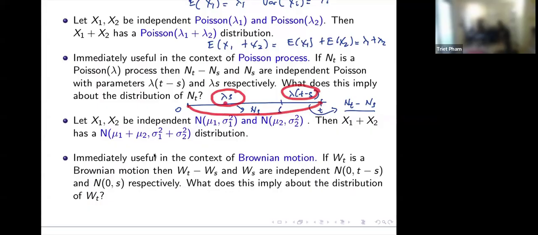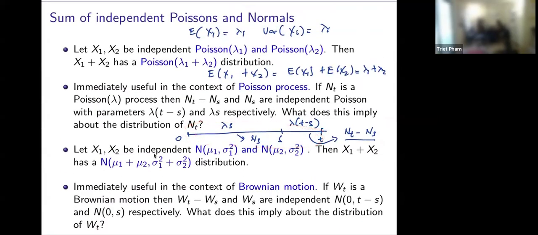So, notice, this is Poisson lambda times (T minus S), and then Poisson lambda times S. If you follow the result of the sum of Poisson distributions, you get a Poisson lambda times T, which is the total number of arrivals from 0 to T. So that's the foundation, the building block of a Poisson process. We're not discussing the Poisson process right now, but what I'm trying to point out is that behind the whole connection of how the Poisson process works is the result of summing independent Poisson random variables.